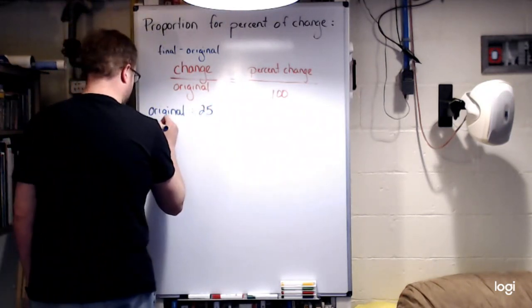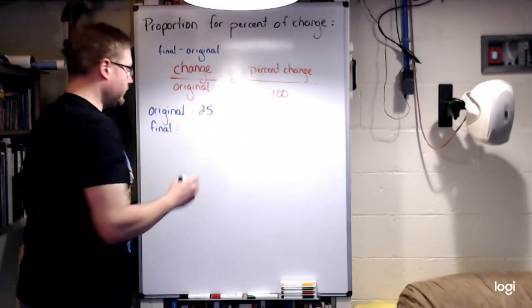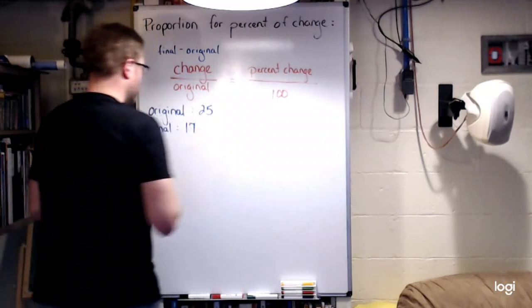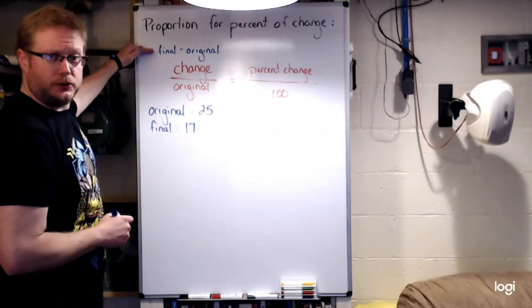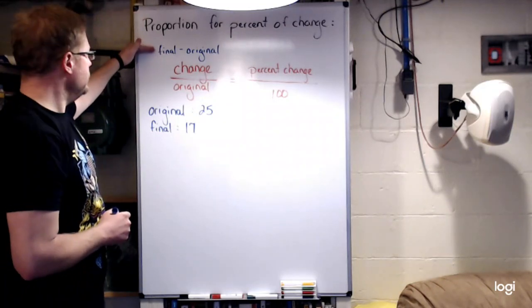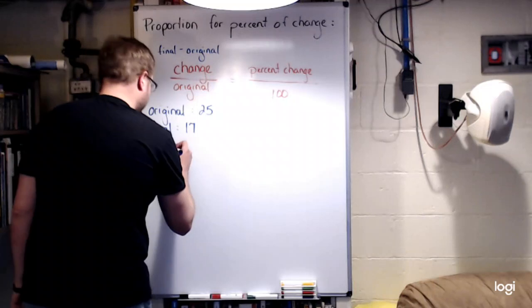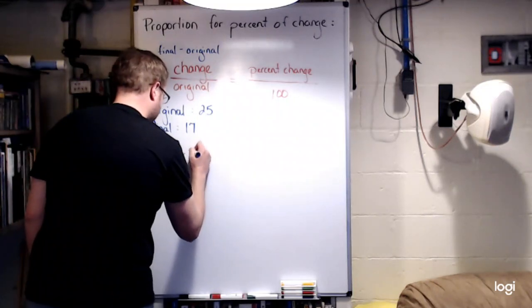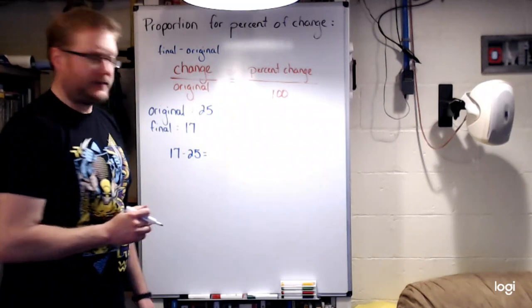My final amount was 17. So we can see in this case, we've had a decrease, right? To find your change, you still take your final amount or your new amount minus your original, right? So that's going to be 17 take away 25. And 17 take away 25 gives us negative 8.